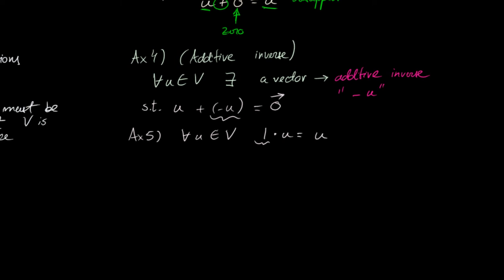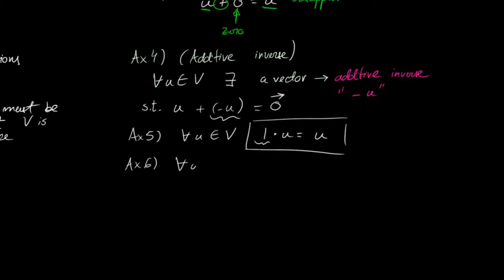So u remains u. So 1 scalar multiplied u is just u. Okay, so that's what that means. There's no real name for that. Maybe it's called the unitary, I'm not exactly sure.